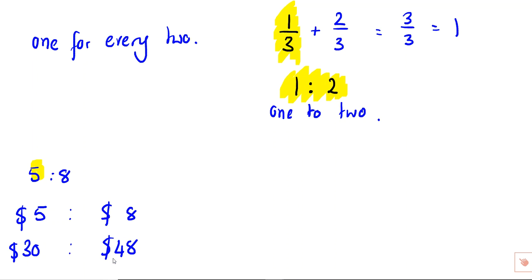Now, what fraction, Nick, would you be getting? If I get $30 and you get $48, what fraction would you be getting? Remember the difference. That's the ratio: I get 30, you get 48. That's where we compare to each other.